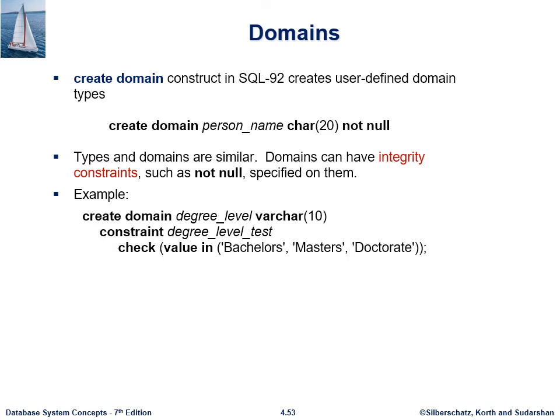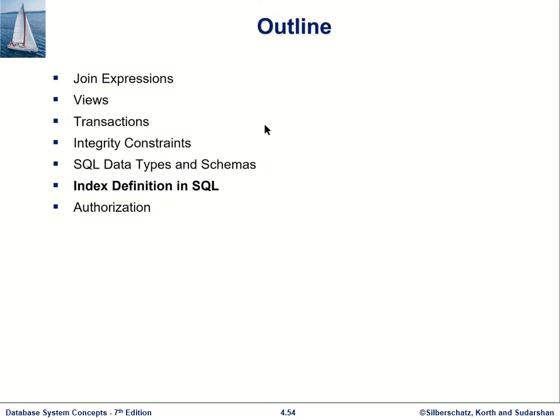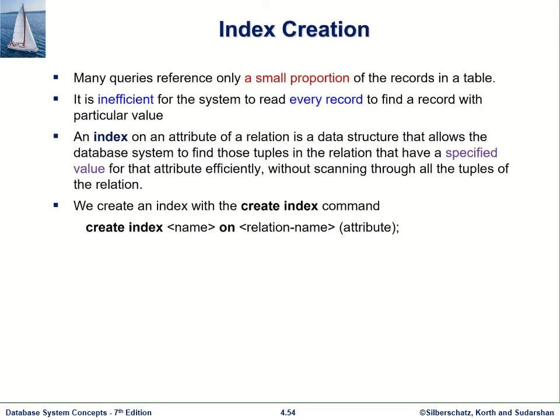types. Okay, types. So let's look at the index definition in SQL. So just consider we initiate a query. Without an index, we need to load all the records. For example, we want to search computer science students.